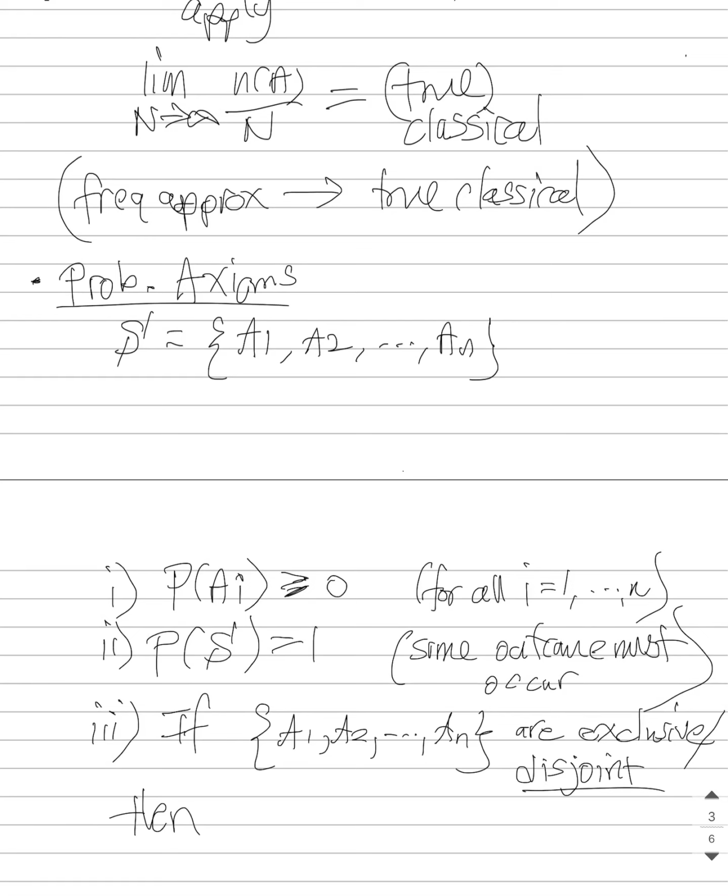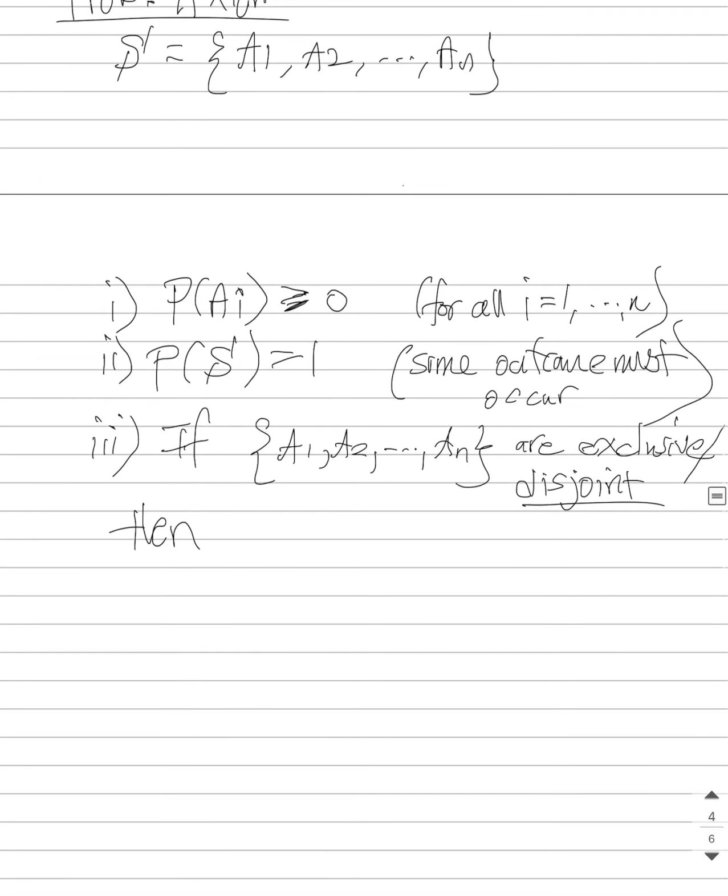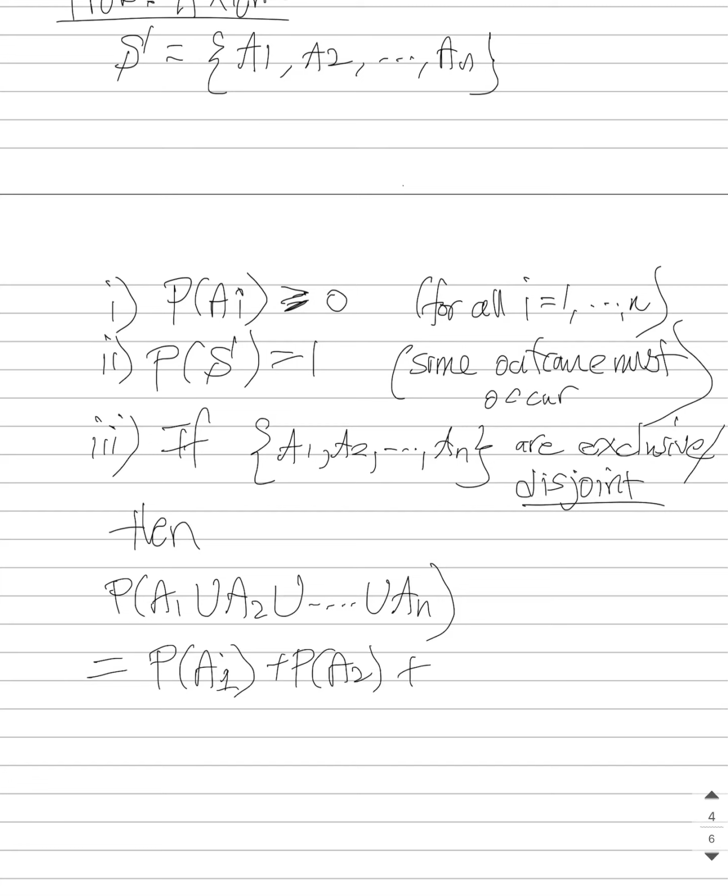Then this mathematical rule will apply, that if you are ever to take the probability of the union of these outcomes, you will be able to essentially distribute that probability function to each one of those events individually, and then use your knowledge of the probability of those events.